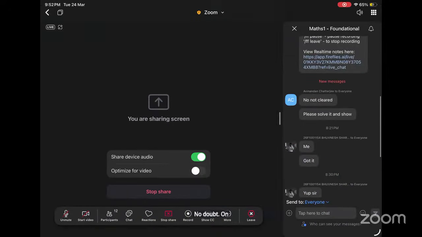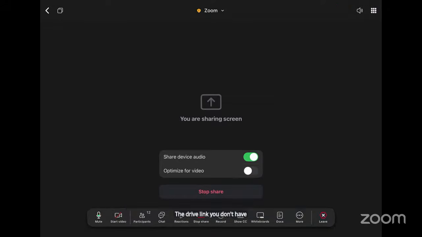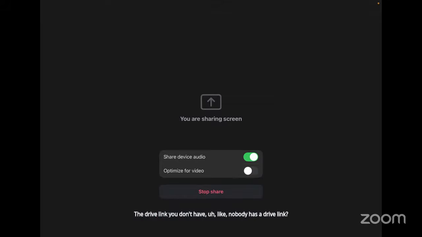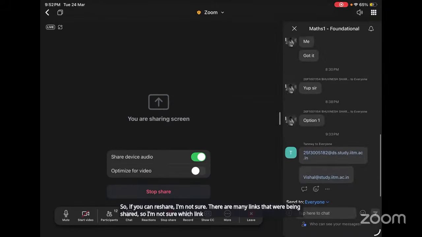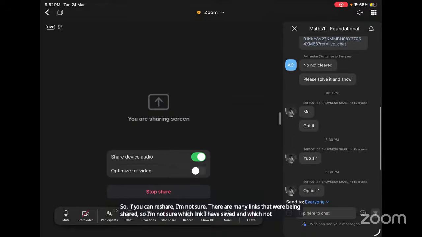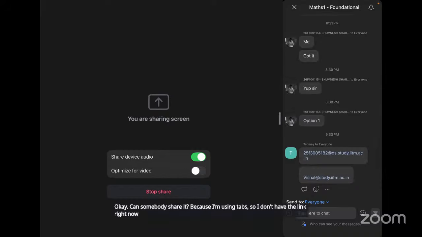Can someone drop the link of the drive so that we can access it? I don't have the link right now because I am using a tab. There are many links that were shared, so I'm not sure which link I've saved. Can somebody share the Google Drive link where I upload all the notes?